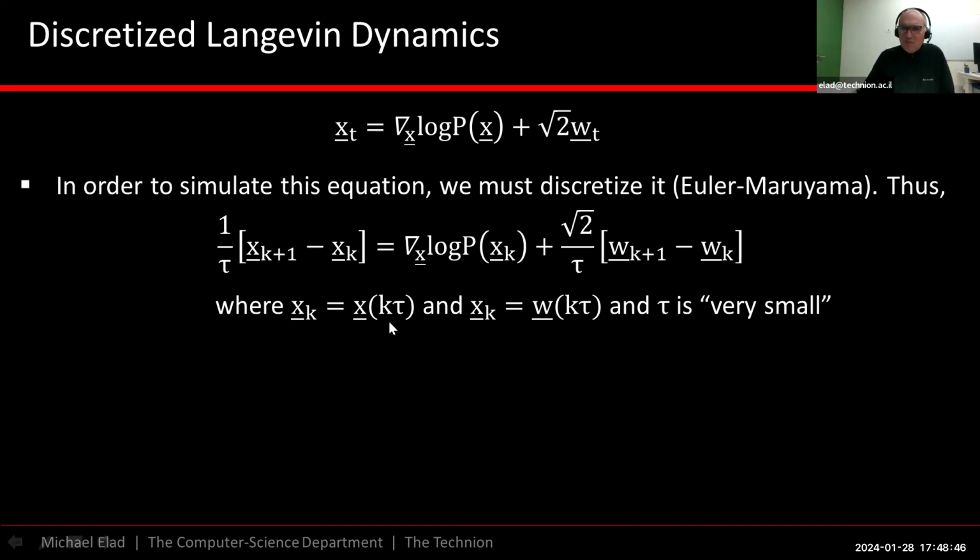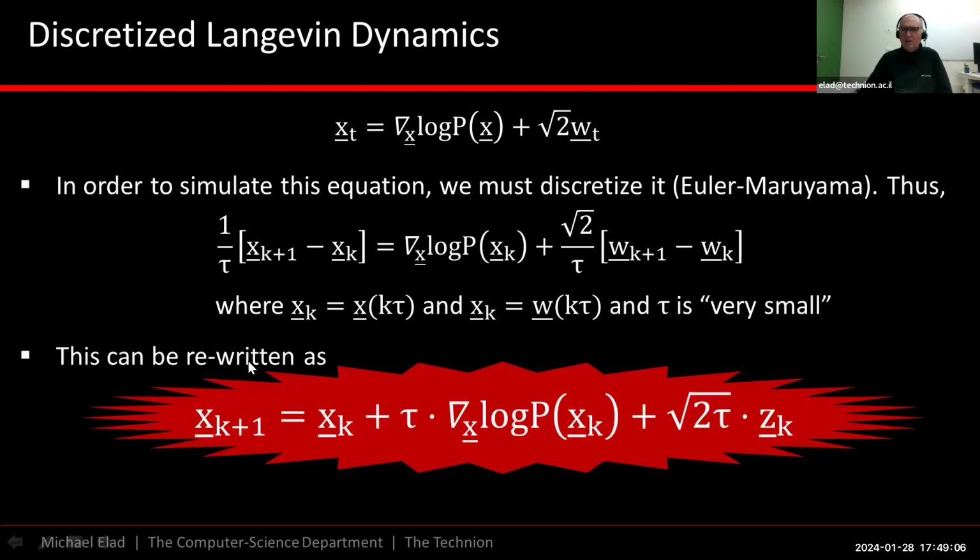So the derivative at time point k tau is basically x k plus 1 minus x k divided by the distance between them, which is tau. The same goes here. This is the same equation, okay? And when I say x k, I really mean x of k tau. Lovely.